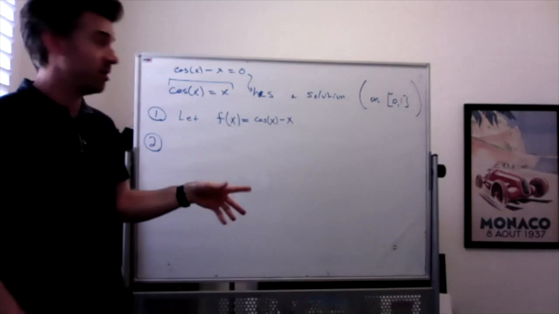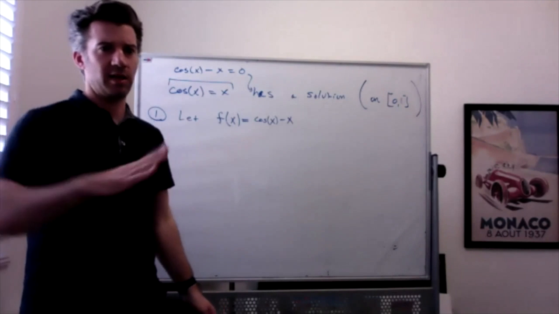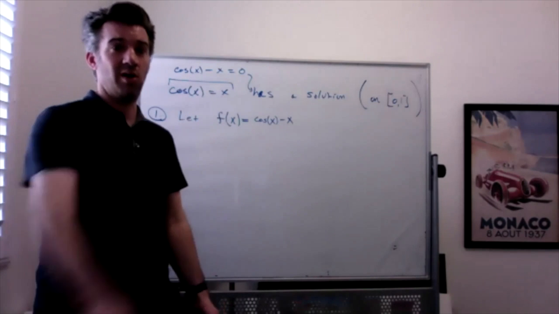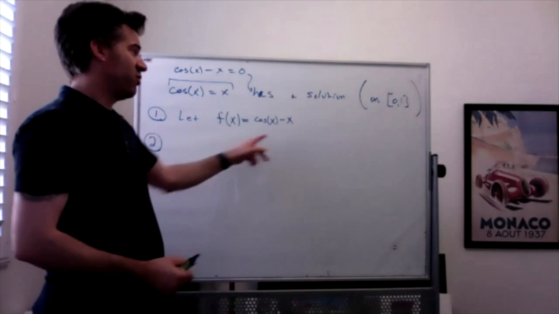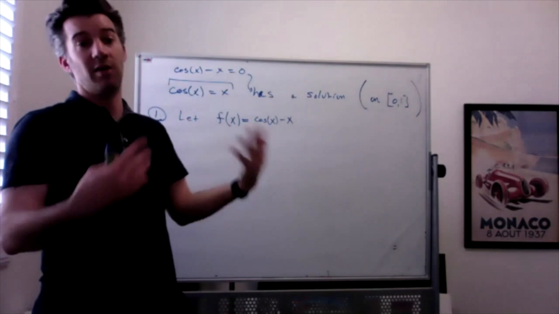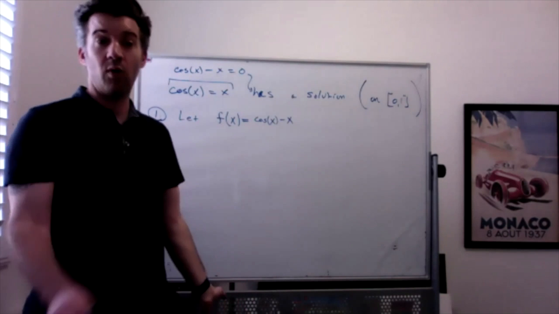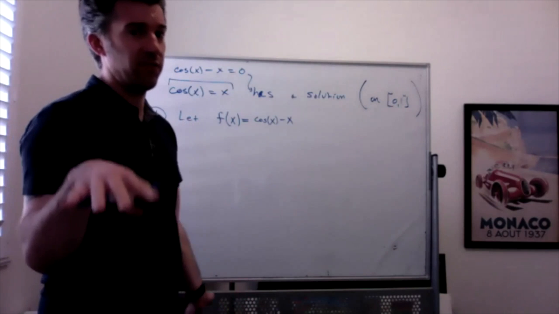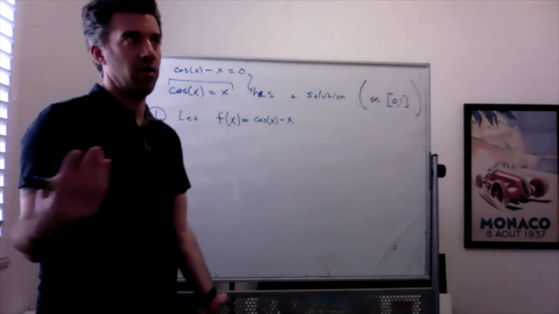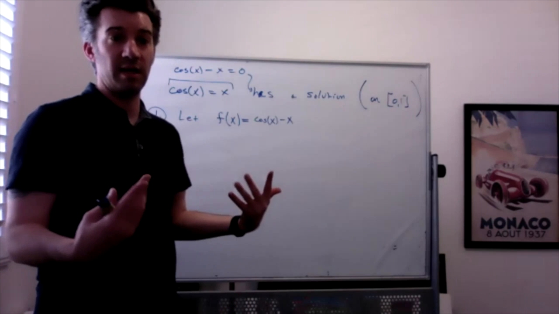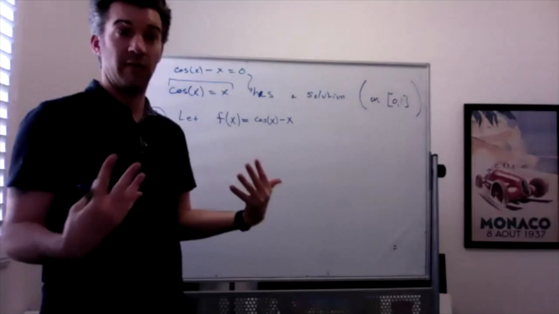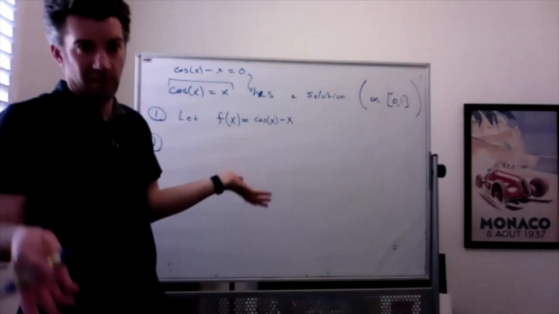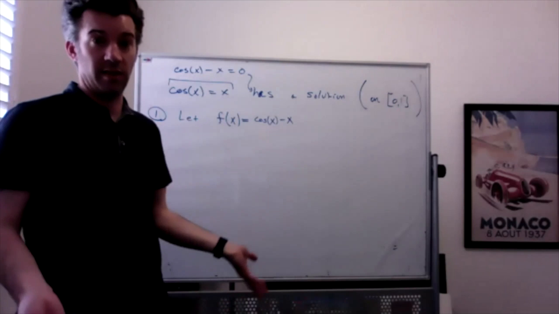And this is. Cosine, we know what cosine looks like. Cosine's continuous everywhere. x is also continuous everywhere. And if you subtract two continuous functions, they're continuous everywhere. When you add or subtract functions, the domain is the intersection of their domains, the overlap. But since both of these have everything as their domain, they're still continuous on that domain.